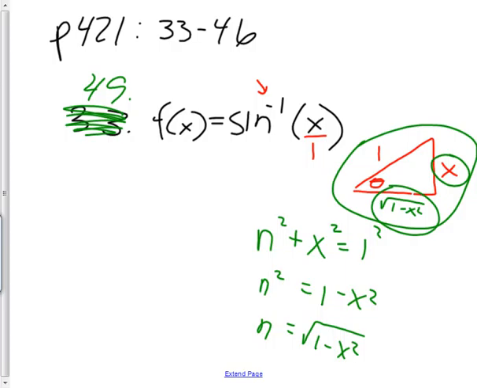You'll draw that triangle. You'll figure out this side here. And then they ask you on 49 what's the tangent of that. Well, once I've got this triangle drawn, to do the tangent of it is super simple. Tangent's opposite over adjacent. So what is tangent of that angle? X over square root of 1 minus x squared.